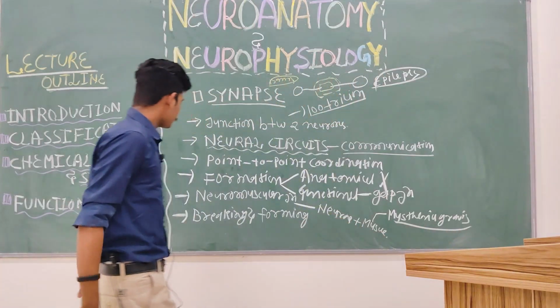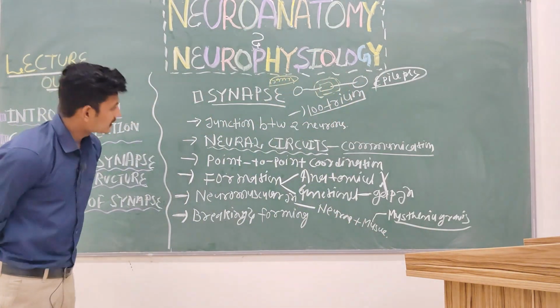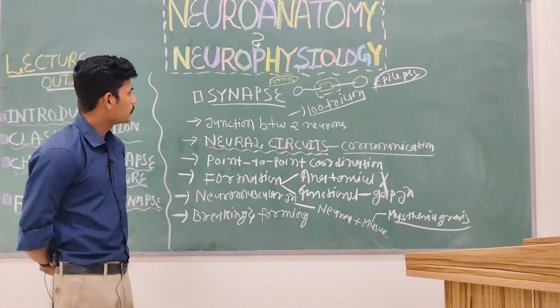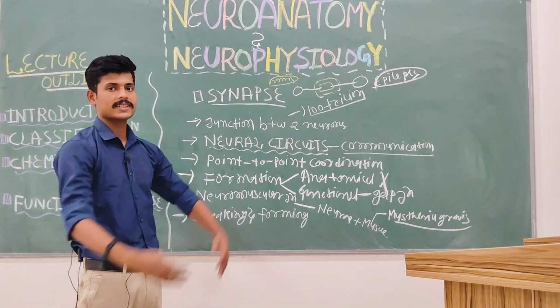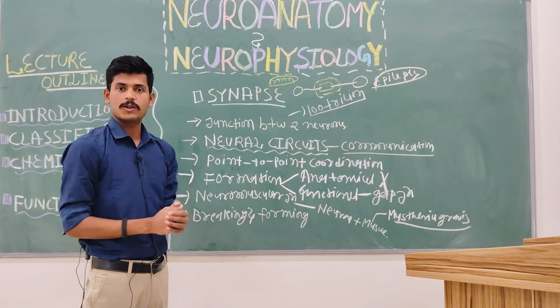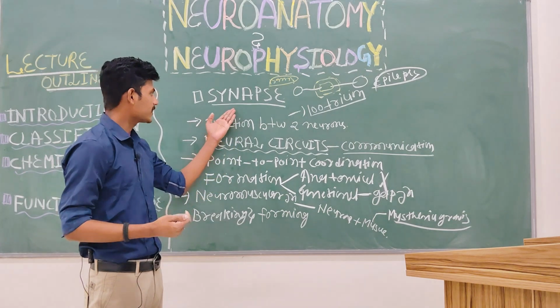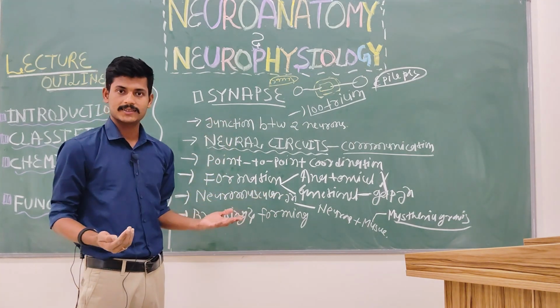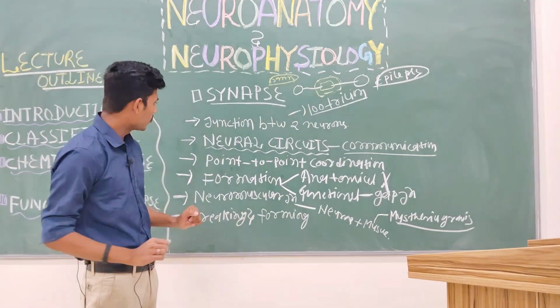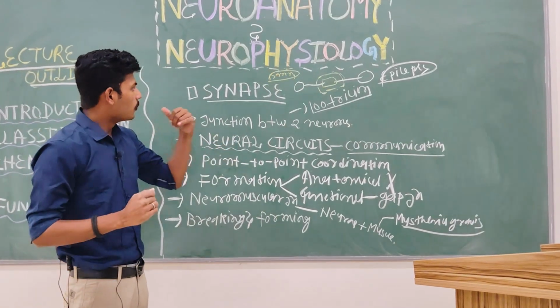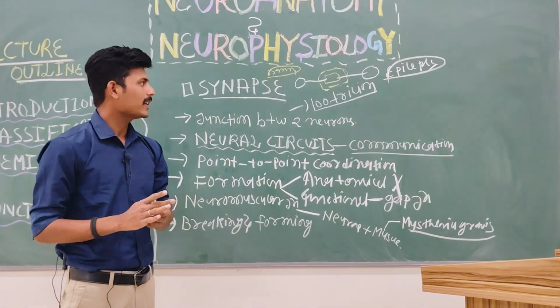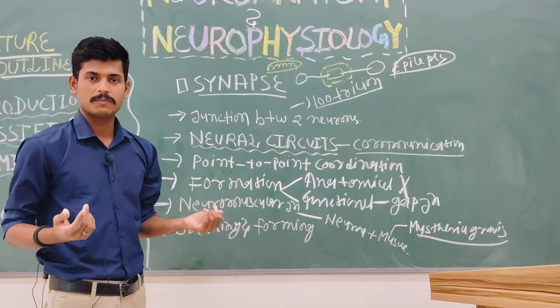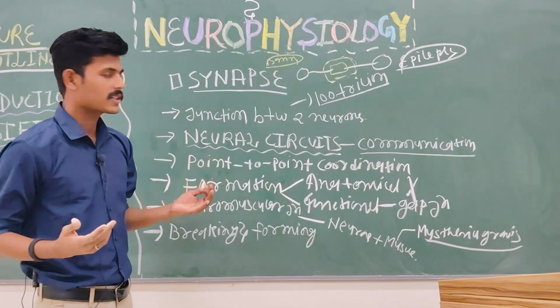Now let's summarize what we studied till now. We studied that synapse is a junction between two neurons, or it can be a junction between neurons and muscles. Then we saw what the functions are, why synapses exist, why we have to study the synapse.